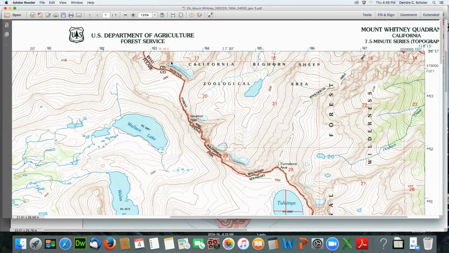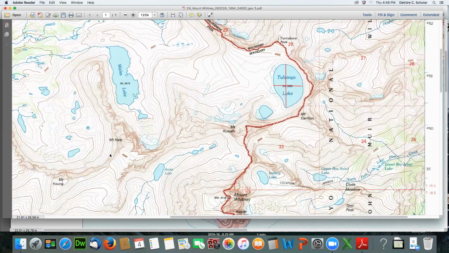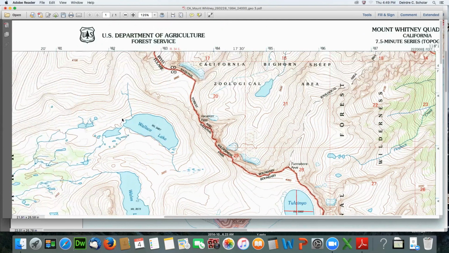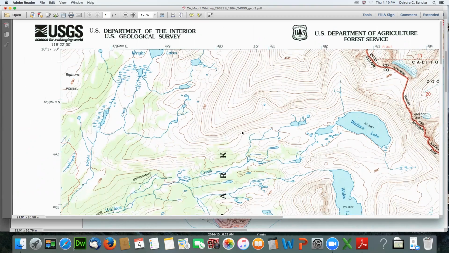Now, notice that this boundary line right here, which is basically the crest of the Sierra Nevada, has no section numbers to the west of it. So we have section numbers all in here, but no section numbers to the west. Why would that be? We have to think back to our discussion of cadastral systems and what kinds of lands are not included in the rectangular survey.